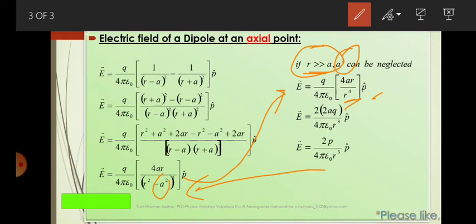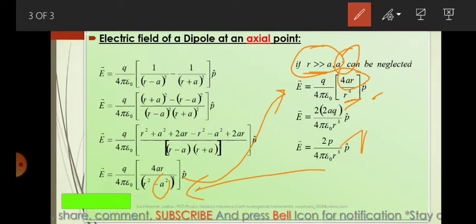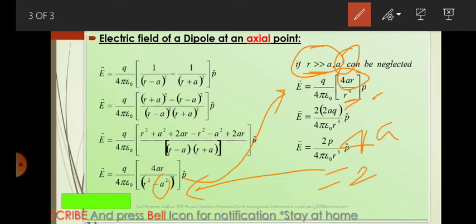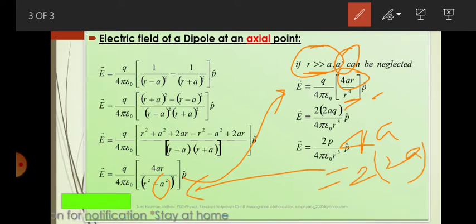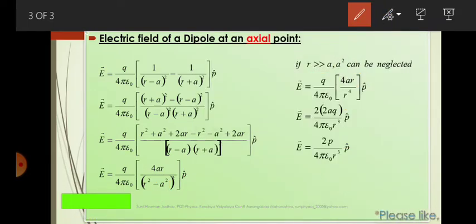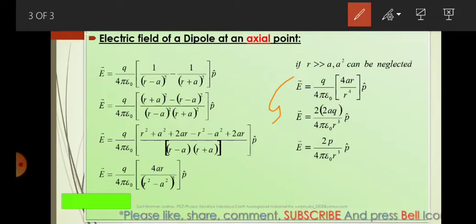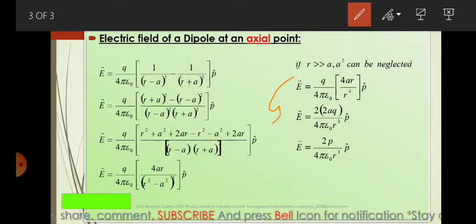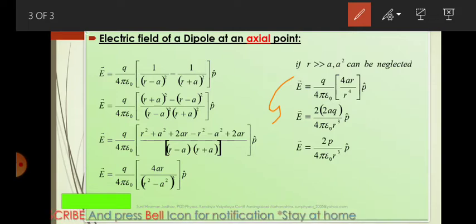Then what I will do here, I will split this 4ar after cancelling the r. So this 4a can be written as 2 into 2 times a. The meaning will not be changed. So that's why we can write this term now like this: E is equal to 2 times 2aq upon 4 pi epsilon 0 r cube.